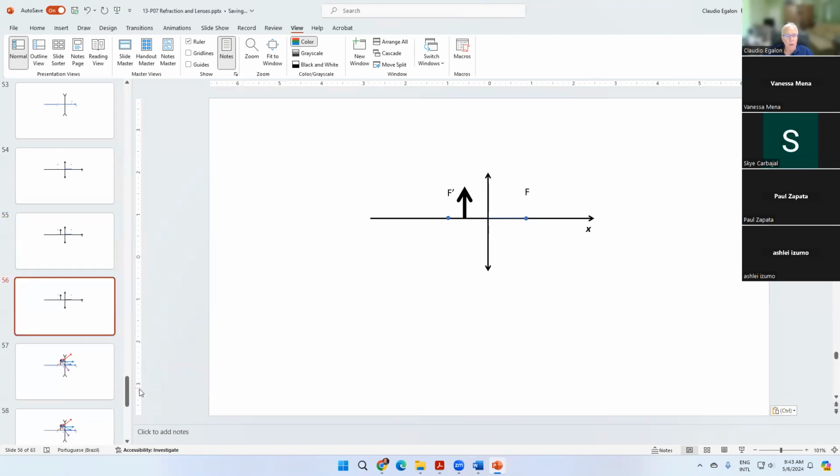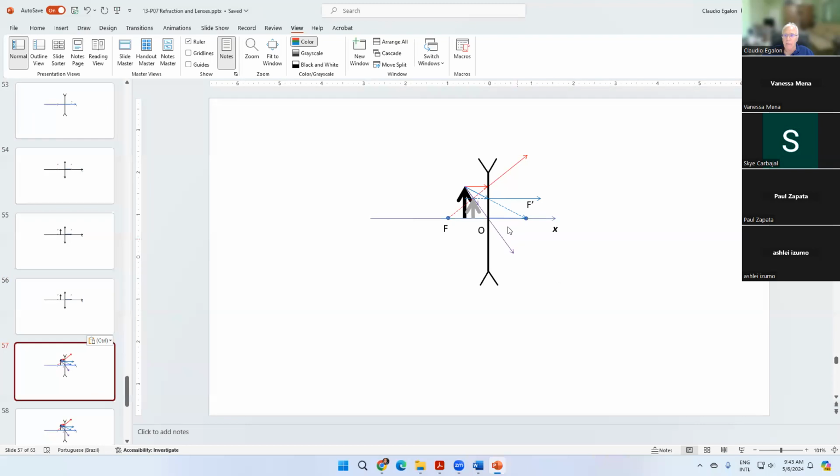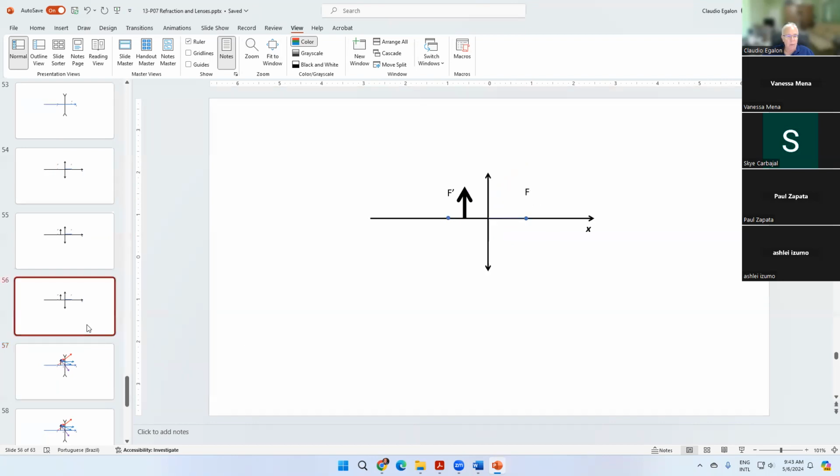And we go ahead and do exactly what we did before, right? Here you go. Light rays, parallel. Oh, not this one. What am I doing here? There's something strange here.